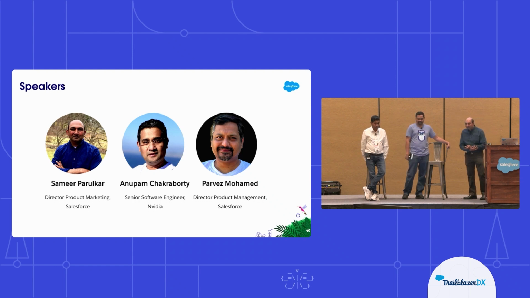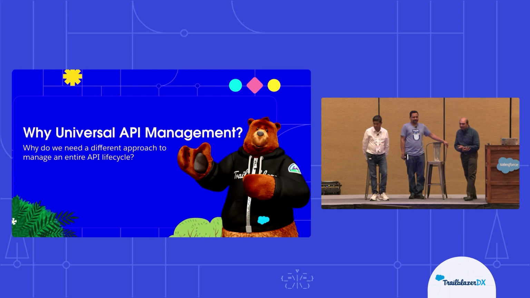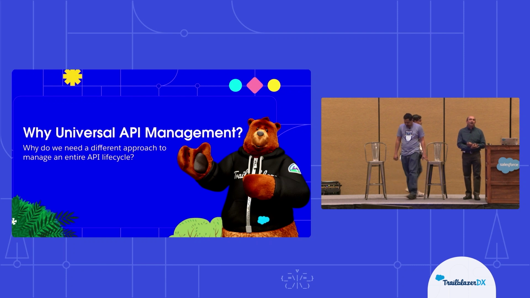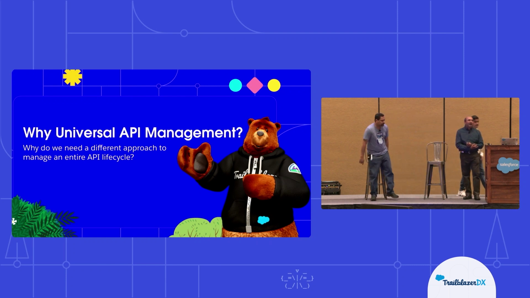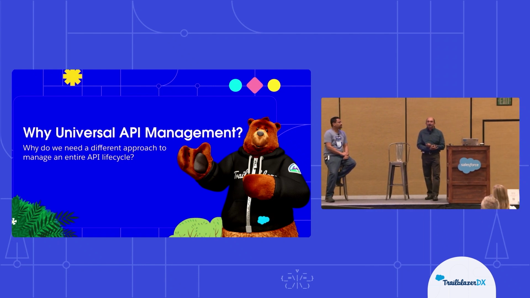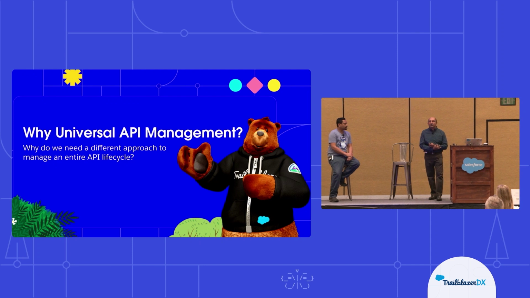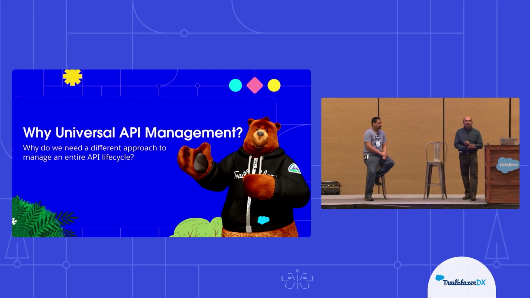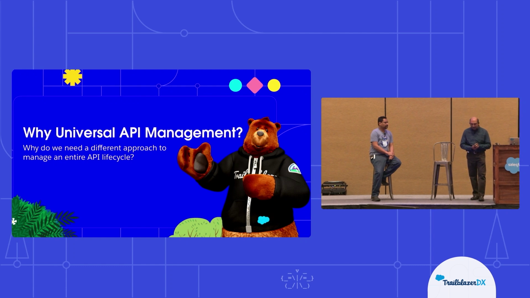Awesome. All right. So let's get started. So the first thing is, right, APIs are not new. API management is not new. But how you manage an API lifecycle today is actually very important and has to change. And I'll give you the reason why.